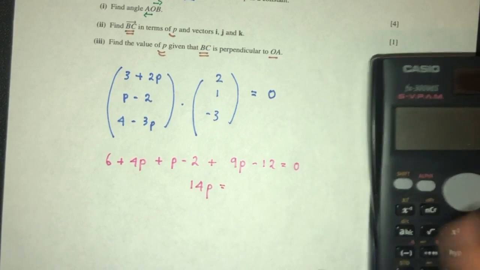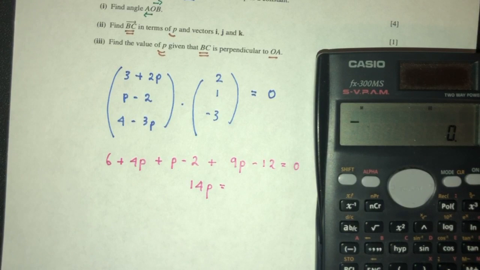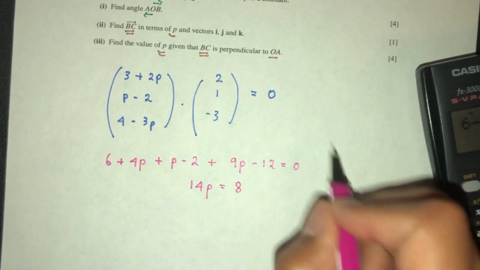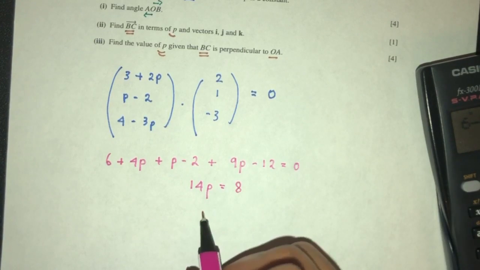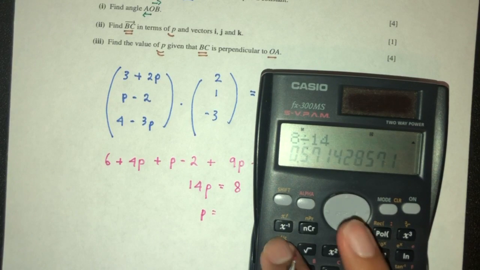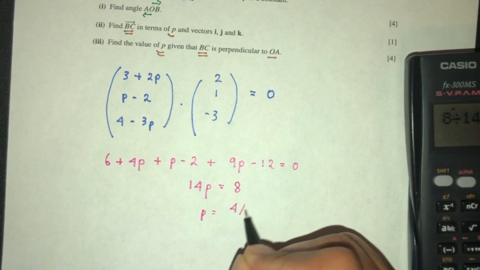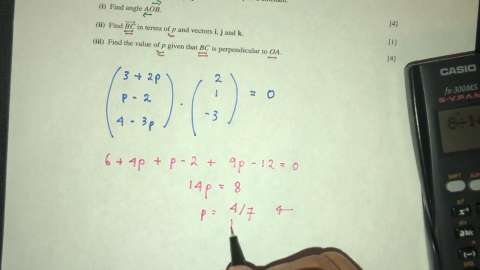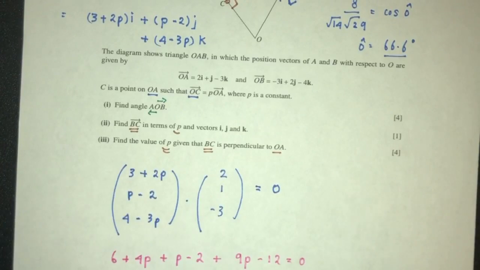Send this over here: 6 minus 2 minus 12. That should be minus 8 over here. Send this over, becomes 8. So P will be 8 divided by 14, that should be 4 over 7. That is your value of P for part 3 of your question.